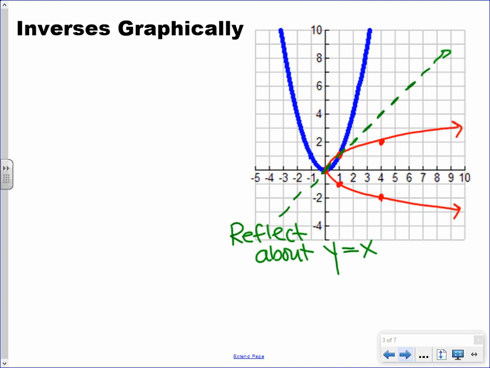Now, does anybody have an issue with that red graph? Darby, what's your issue? It is not a function. Okay? So technically, y equals x squared doesn't have an inverse in its entirety because the inverse wouldn't be considered a function.